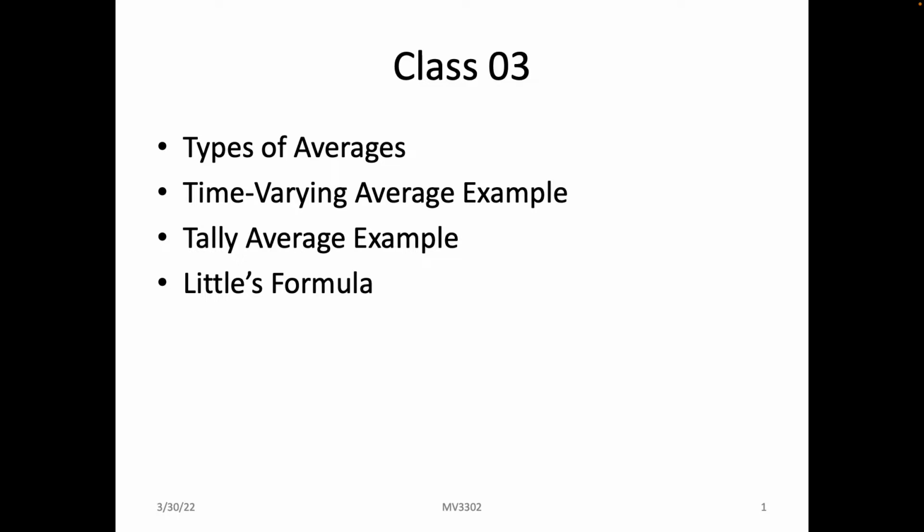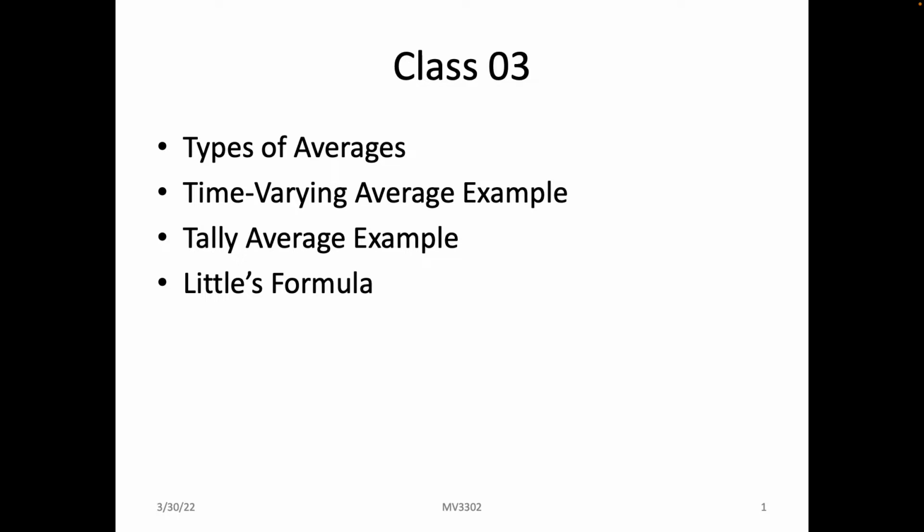It turns out that there are actually two types of averages, as we alluded to yesterday. The one that's most common in discrete event simulation models is the time-varying average. What you've experienced in your statistics classes is what we call a tally average.